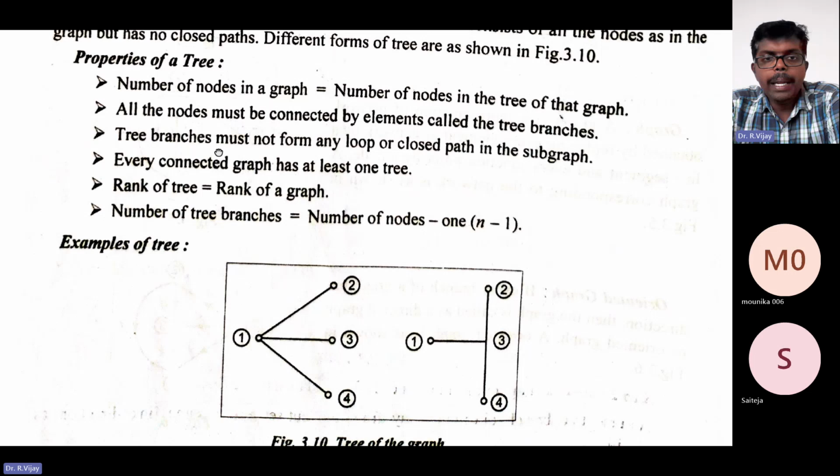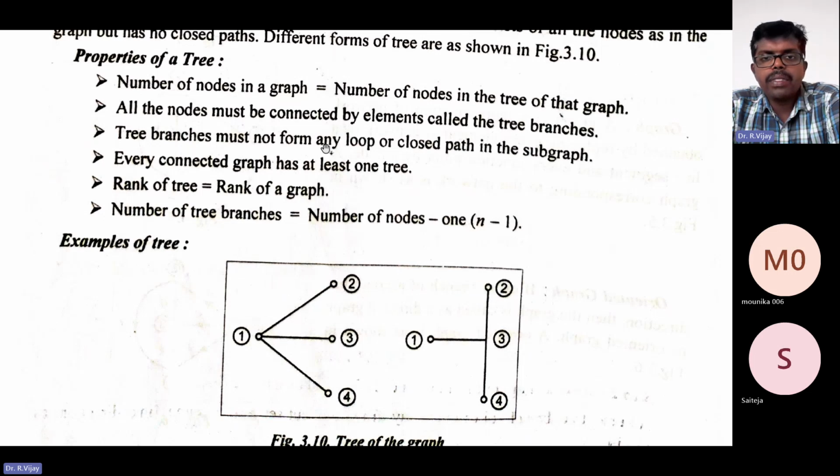And next, tree branches must not form any loop or closed path in the subgraph. In the subgraph, tree branches should not form any closed path.